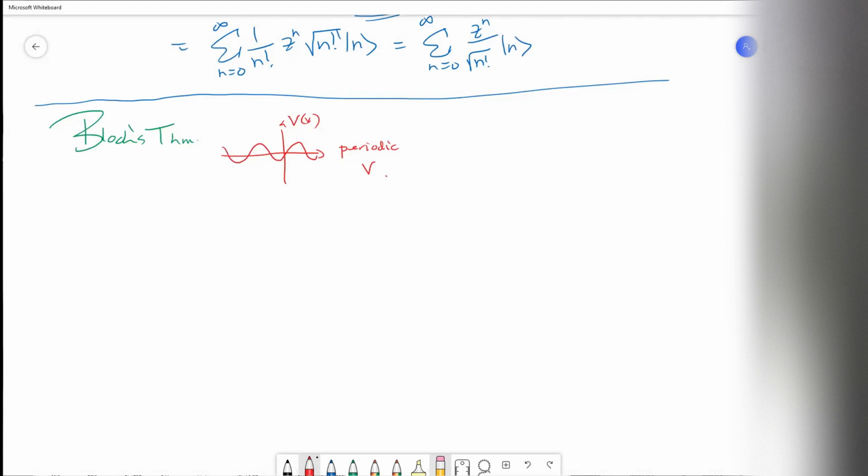You can translate everything by the period of the potential, and that doesn't change anything. So we can introduce a translation operator that just translates our wave function, say, by an amount a.